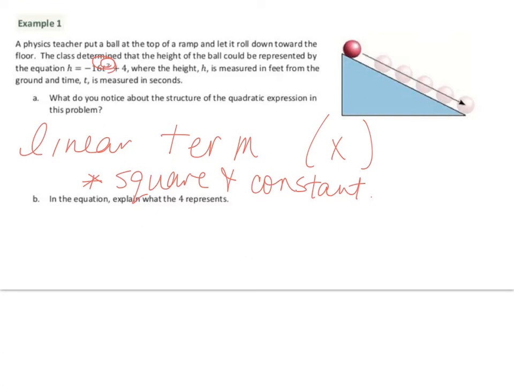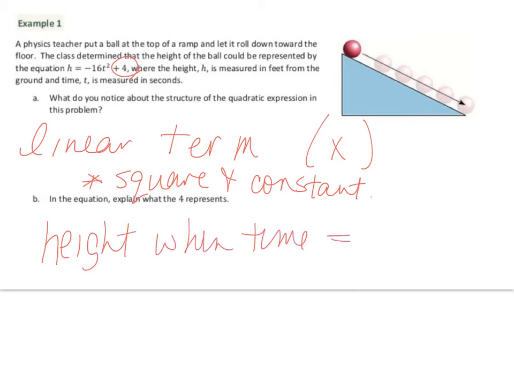In the equation, explain what the 4 represents. Even if we think a little bit towards linear equations, the 4 actually represents the height when time equals 0, or what we can call the initial height.